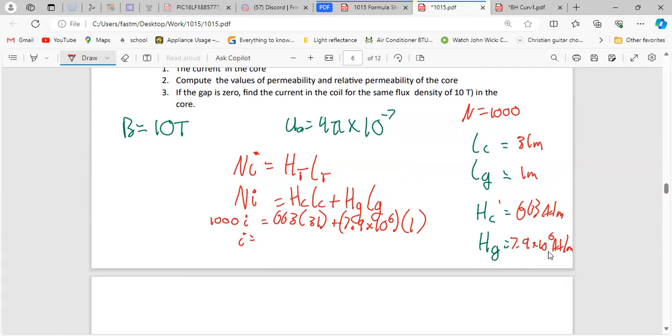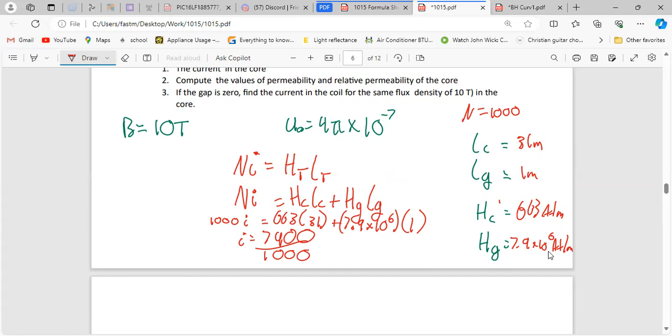Then we have N as 1,000, so you have to divide that by 1,000.